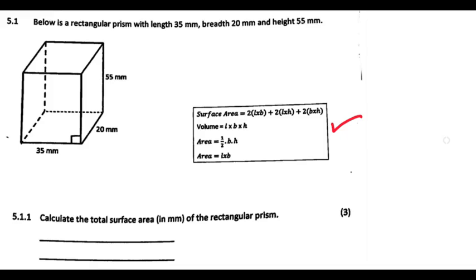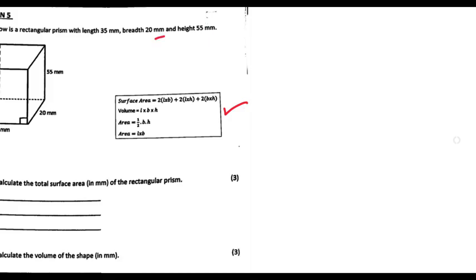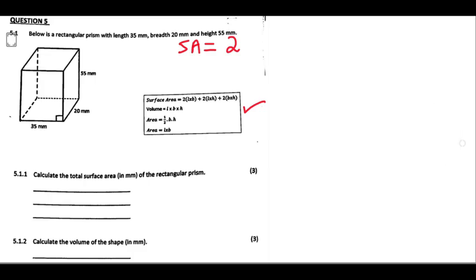Now the total surface area we need to find here. The surface area is equal to, we're going to use all three sides, so you must remember, either one you can start with, the answer will be the same. 2 multiply front and back, plus 2 multiply side, right hand side and left hand side.